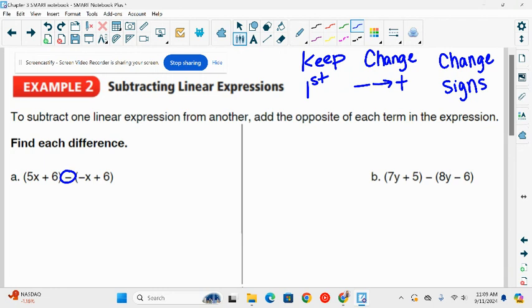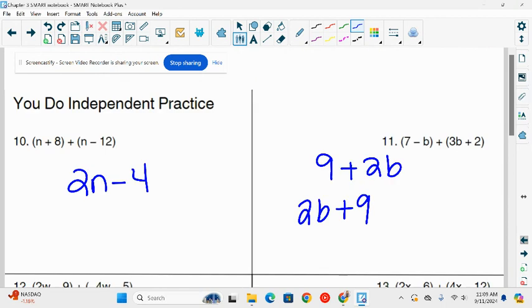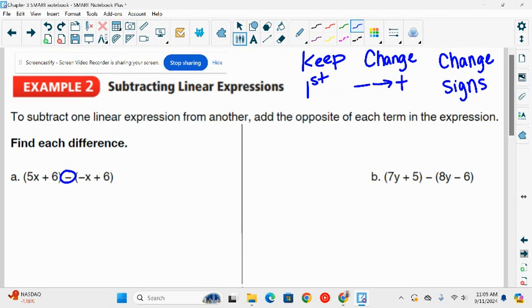But we only do this with what? Subtraction. Do I do this with addition? No. Did we do any of that in any of these problems? No. We only do it with subtraction. Say, I only keep, change, change with subtraction.